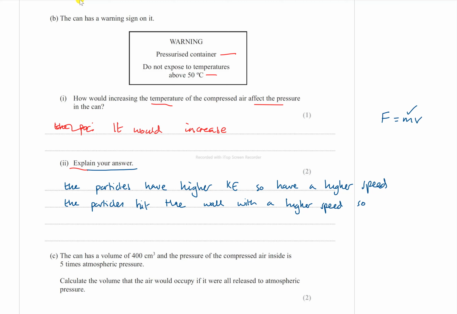The mass is the same, the velocity increases, so you're going to get an increase in force. So the particles hit the wall with a higher or greater force. And also, because they're traveling faster, they hit the wall more often.